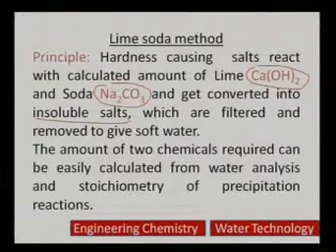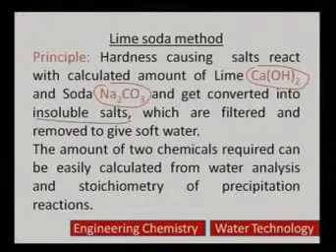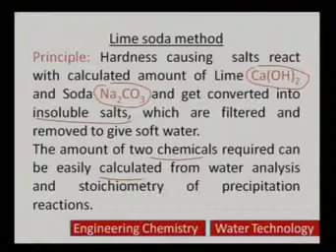Hardness is due to soluble salts, and here we are carrying out softening by precipitation, by converting the soluble salts into insoluble salts. And the amount of the two chemicals, that is lime and soda, required to carry out precipitation can be easily calculated from water analysis and stoichiometry of the precipitation reaction.